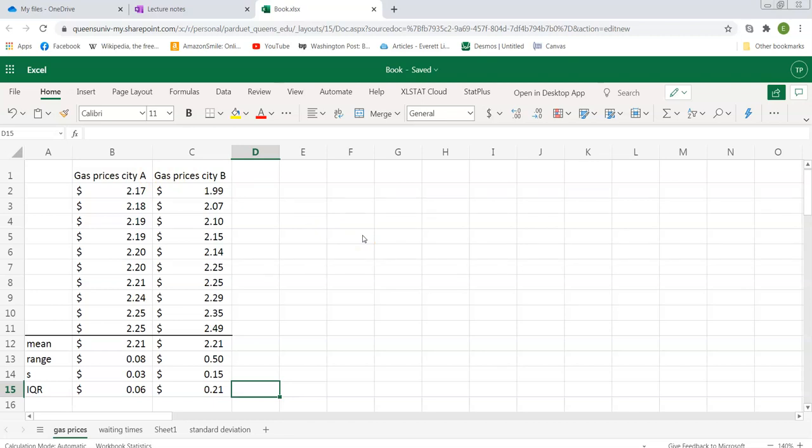You're going to get the same price within 8 cents, or typically even within 3 cents. But in City B, it might be worth it to shop around because you've got a range of 50 cents, and that can add up quickly when you buy multiple gallons of gas.